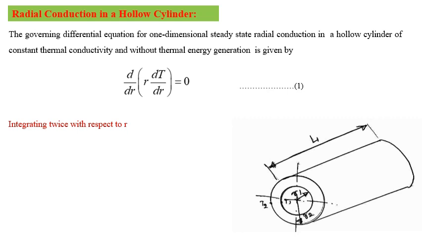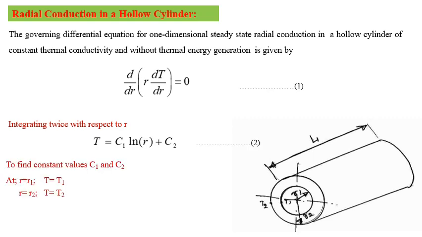So integrate twice with respect to r. Integrating two times, you will get T is equal to C1 into ln r plus C2. Call this equation number 2. Applying boundary conditions: when r is equal to r1, T is equal to T1, and when r is equal to r2, T is equal to T2.